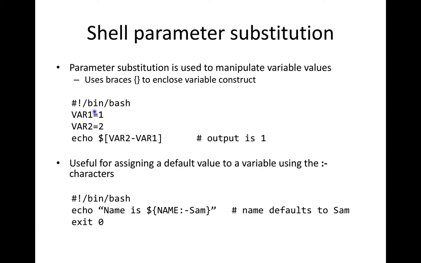Let's look at this first example script. We have shebang bin bash. We have variable1, and we assign that the value 1. We have variable2, we assign that the value of 2. Remember, there's no spaces in this syntax. And then we're going to echo out the variable2 minus variable1.